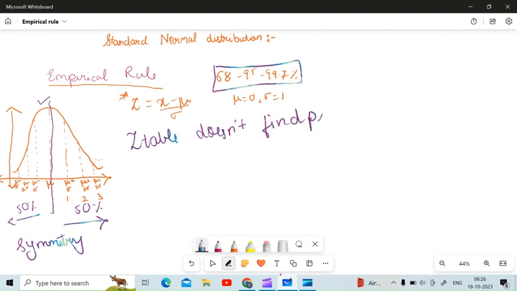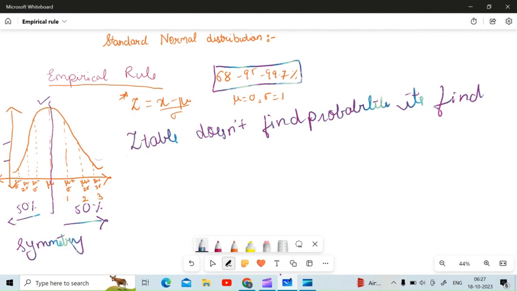It doesn't mean that, like previously in every distribution, the y-axis will be the probability, right? We used to write in probability format like 0.1, 0.2. It means 2 percentage of the data is covered here. If 0.3, 3 percentage of the data is covered here, like that we used to say. But the Z table doesn't find the probability. It finds the area under the curve.